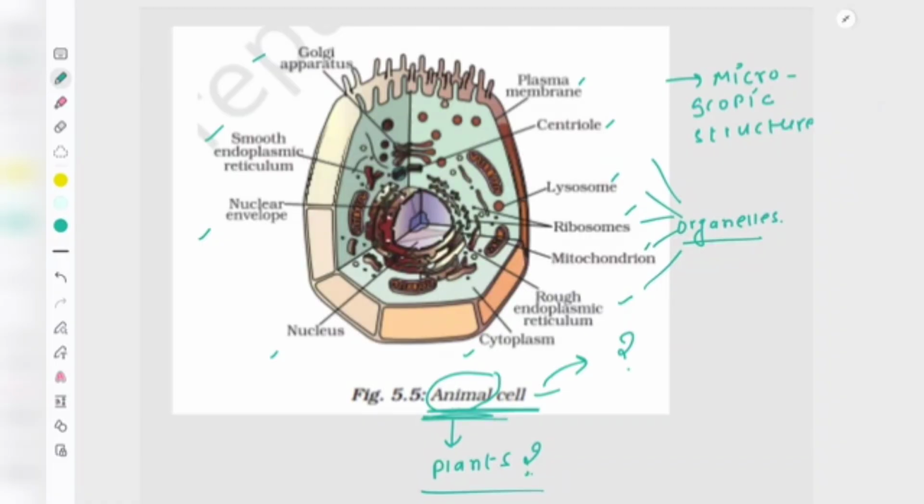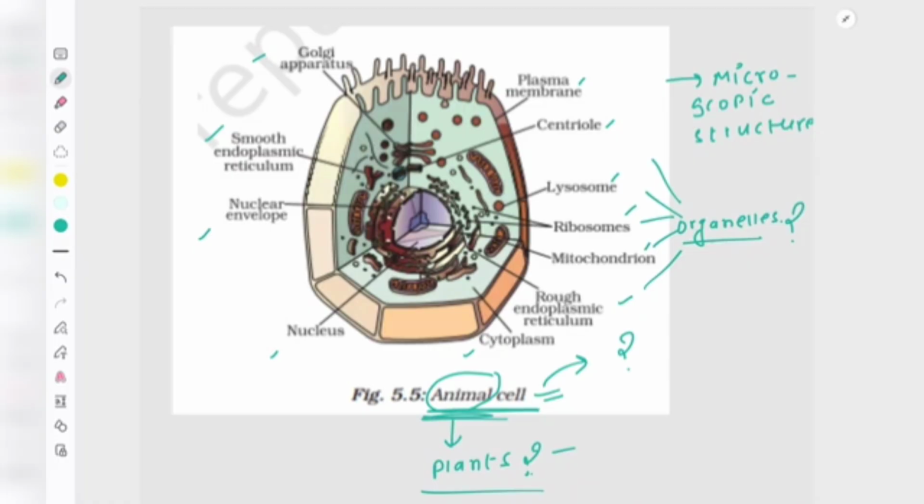Throughout the chapter we are going to answer what the functions of the organelles are, and how animal cells and plant cells are different. And there is also some specific data given, like who for the first time discovered the nucleus and all. So all these things we are going to discuss.